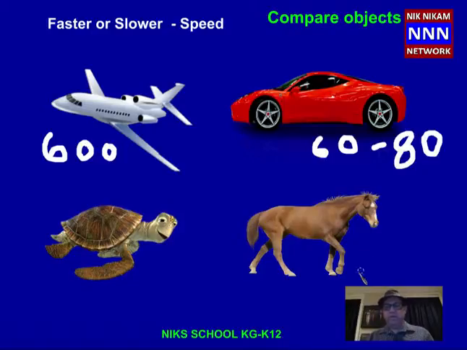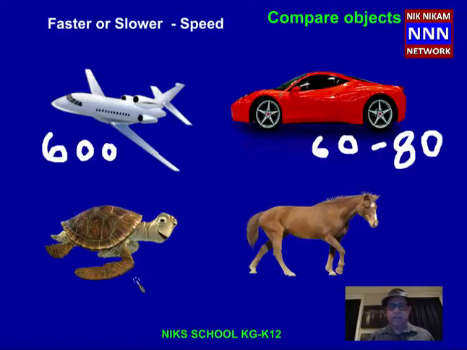What about a horse compared to a turtle? Which one goes slower? Oh, come on, you should know. The turtle just goes real slow. You see, both of them have 4 legs, 1, 2, 3, 4, and this one also has 1, 2, 3, 4.